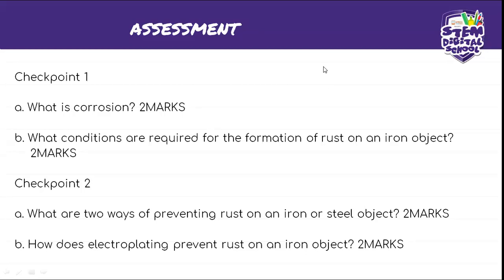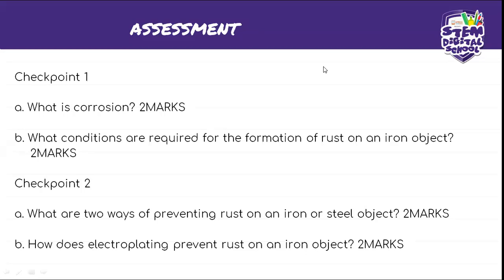So we are checking your understanding level, and the questions on screen are about corrosion and the conditions required for the formation of rust, or for corrosion to occur.